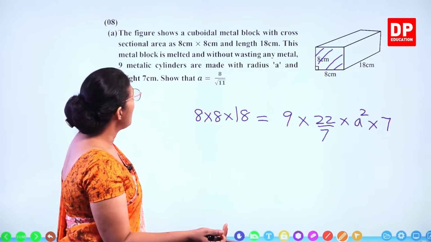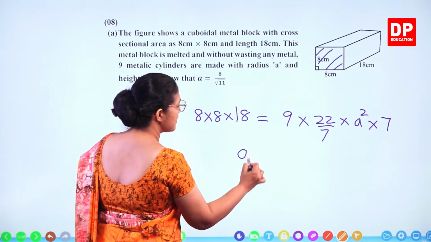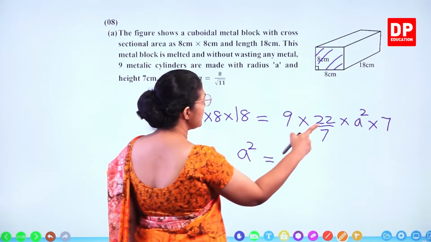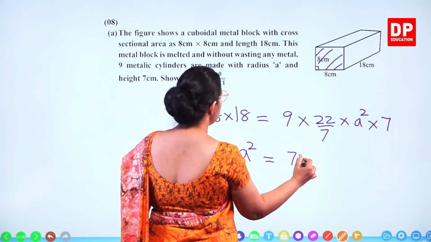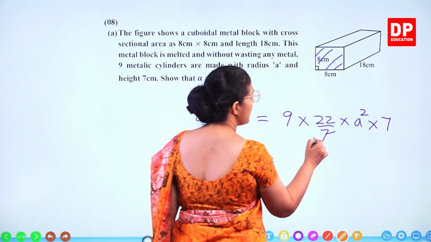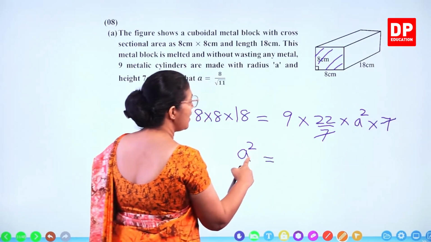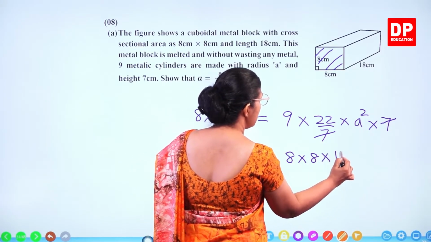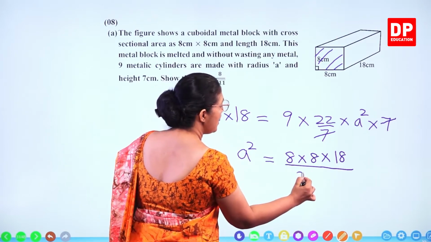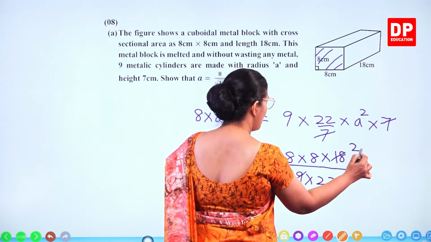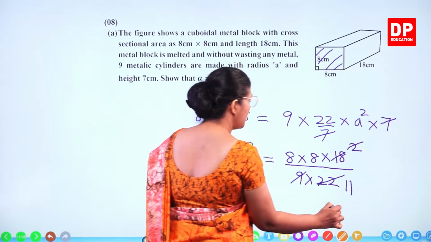Now we have to make a squared the subject of this equation. So what is a squared? 7 times, here we can first simplify 7 and 7. So a squared becomes 8 into 8 into 18, divided by 9 and 22. 9 times 2, 2 times 11.